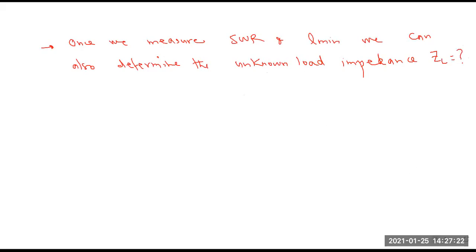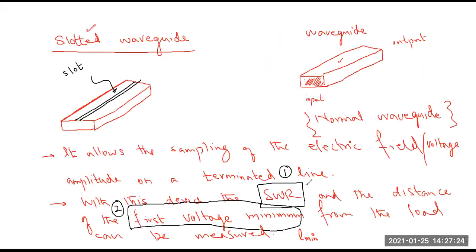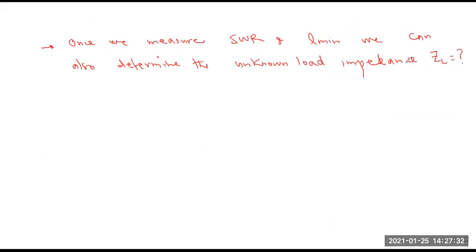And with the help of slotted waveguide, we will measure two quantities, that is SWR and L minimum. And once we know L minimum and SWR, then we will be able to find out ZL. So let's find out what is the mathematical analysis of this situation. How SWR and L minimum will help us to find out ZL. Okay.